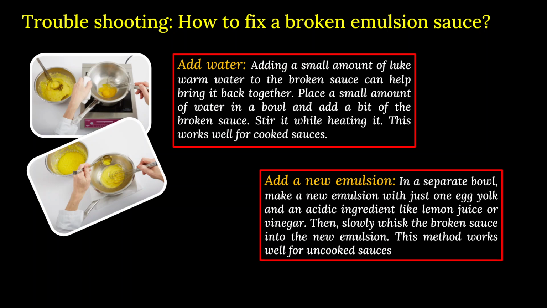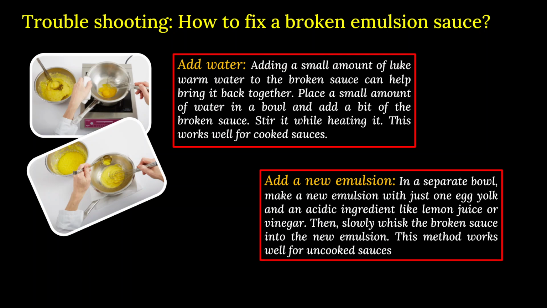And my dear friends, you all know that Hollandaise and Bearnaise are a bright example of cooked emulsification, and mayonnaise sauce is the example of uncooked emulsification. So in the case of mayonnaise, because it is a cold emulsified sauce, the process is taking another egg yolk, some acidic medium, and slowly mixing the curdled or separated sauce into that and going on whisking.